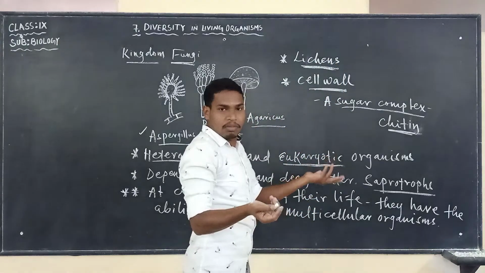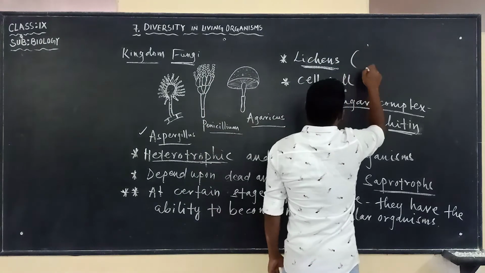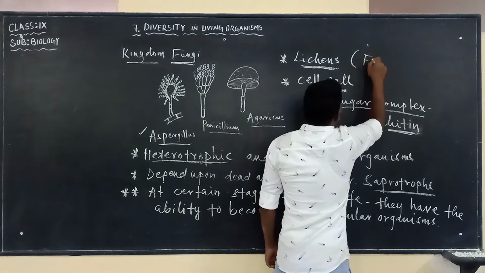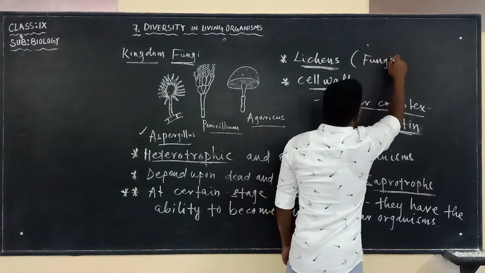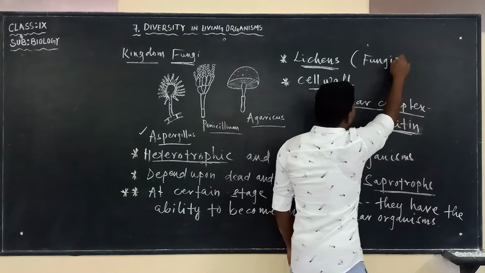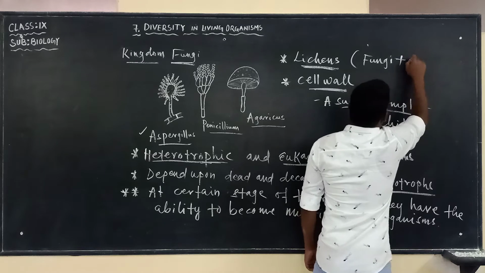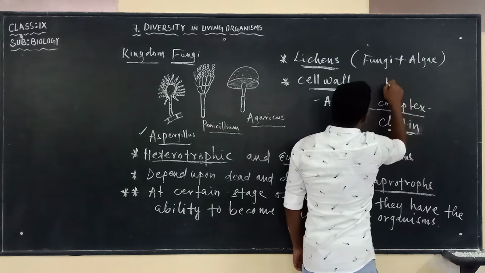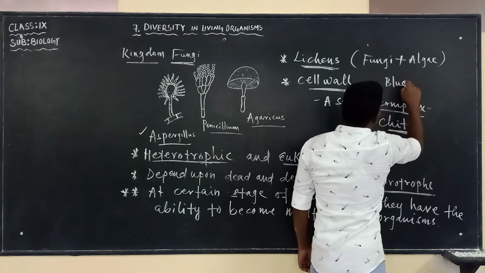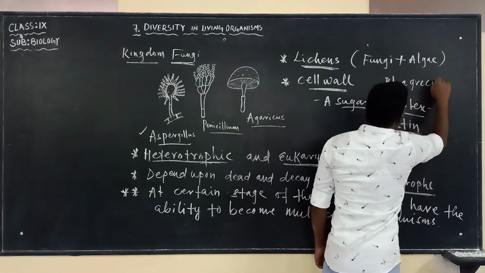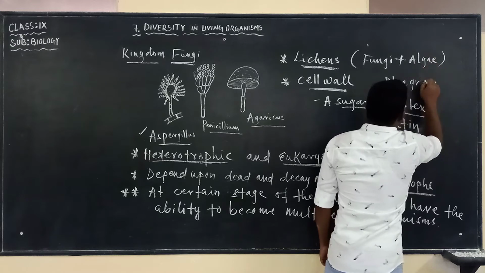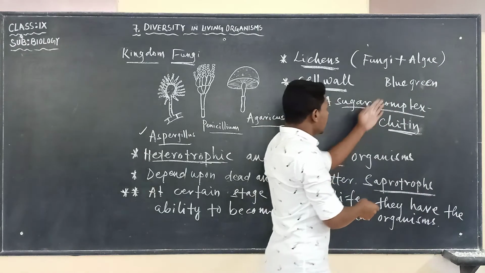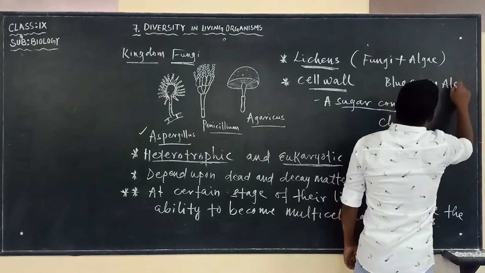Simply, lichen is a combination of fungi as well as algae, isn't it? Fungi live in association with algae. Algae in the sense of blue green algae. By this name you might understand that blue green means they undergo photosynthesis, isn't it?